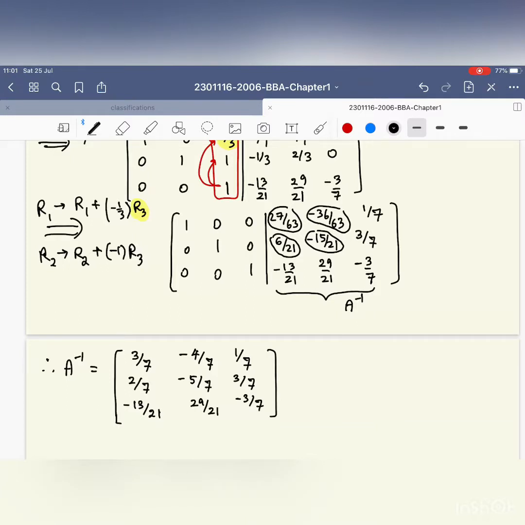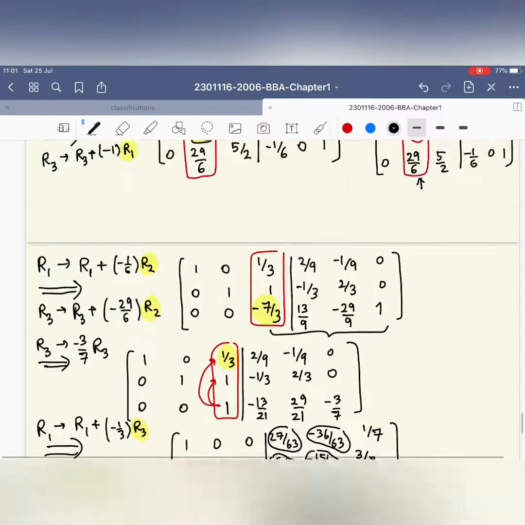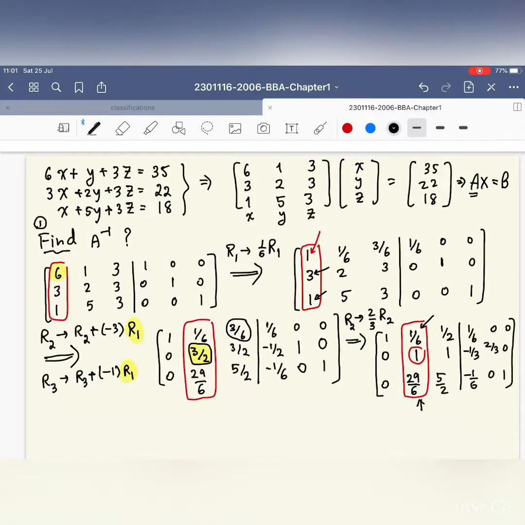And did you forget what we are going to find? What we are going to solve for is the x, y, and z, which is the number of folio that you are going to invest on, each folio A or B or C, right? And the B, the constant matrix, it is 35, 22, and 18.